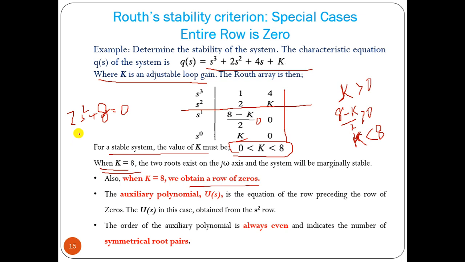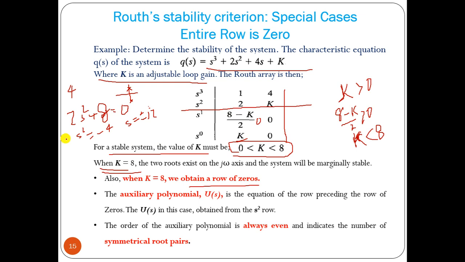Then s squared equals minus 4, so s equals plus or minus j2. Then the system becomes marginally stable, with roots on the j omega axis.